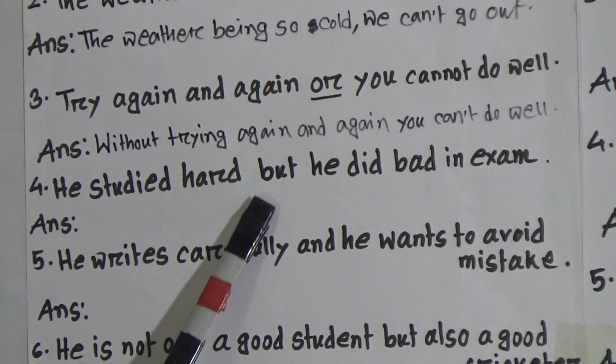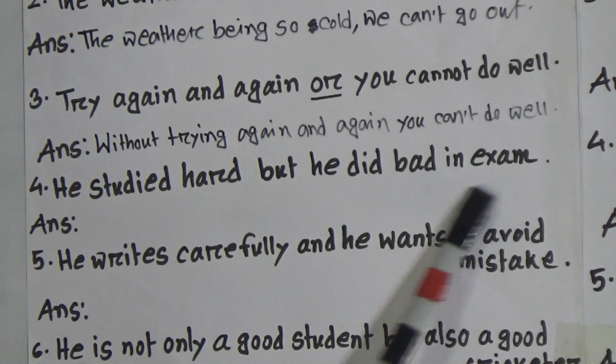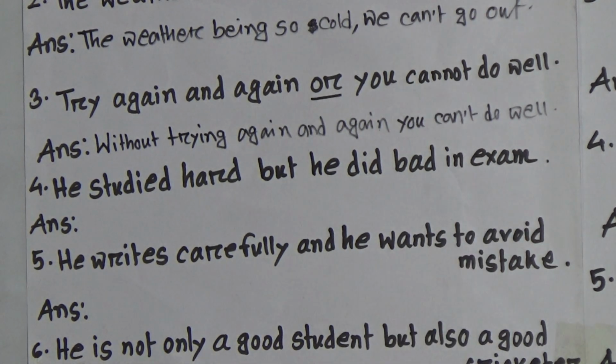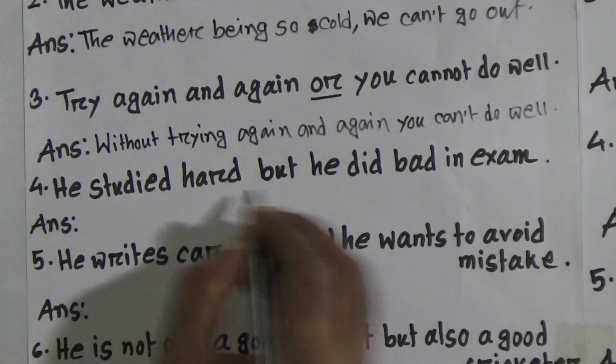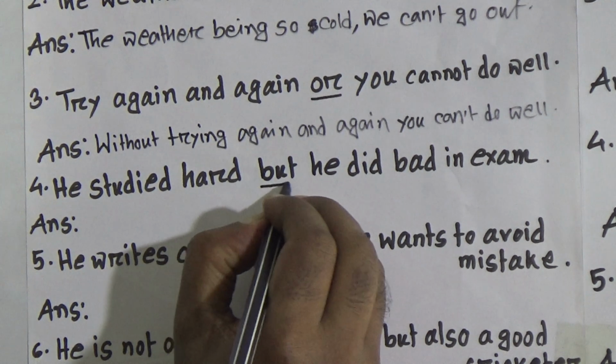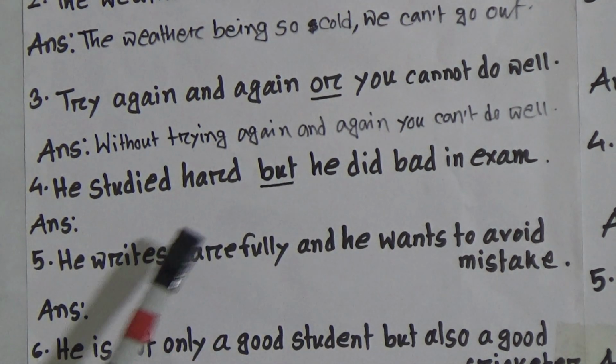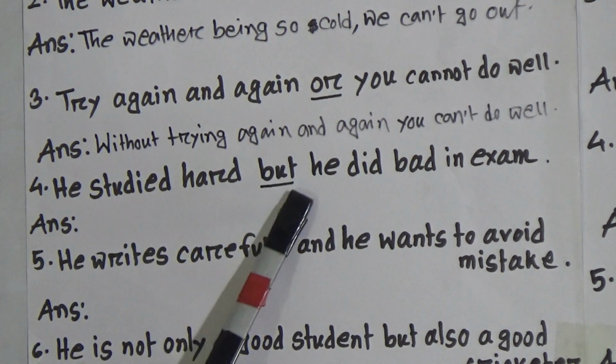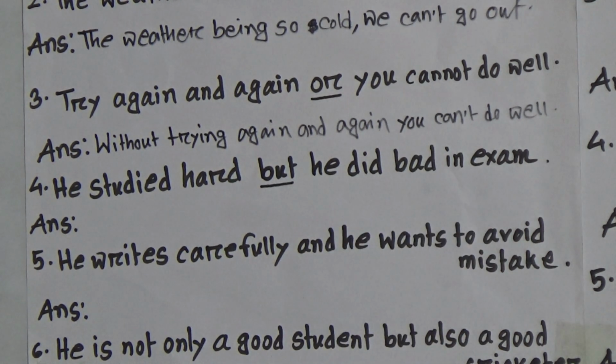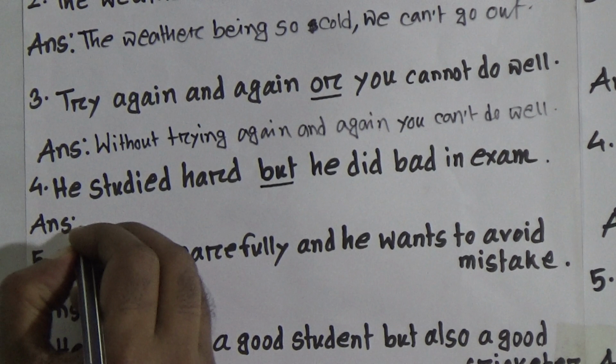Example number 4: He studied hard but he did bad in exam. So look at the negative idea of the but. In this connection, you will take the help of in spite of.